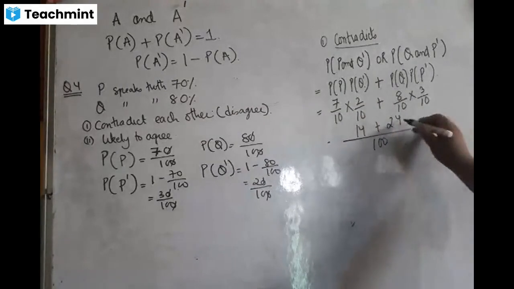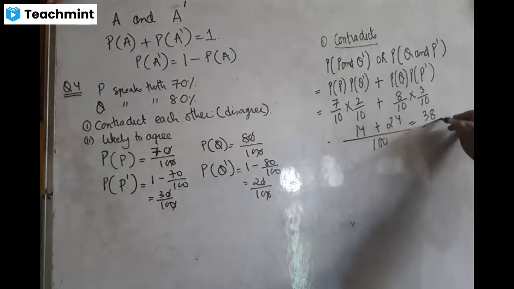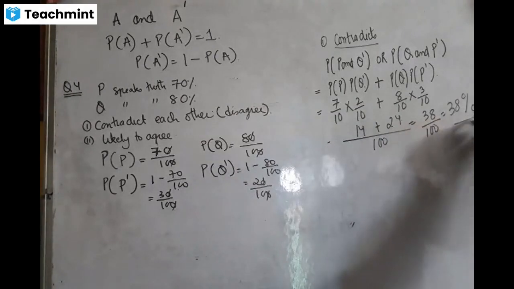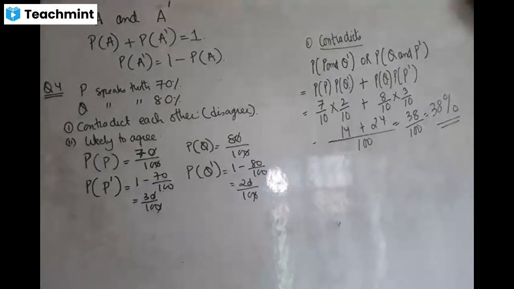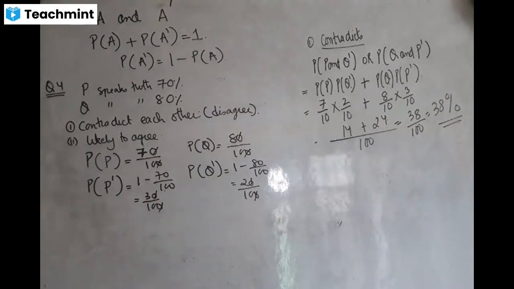So what are you going to get? 38 by 100. They have told us to calculate the percentage. So the answer is 38%. So that means there is 38% chance that the two persons P and Q are going to disagree in stating the same fact.